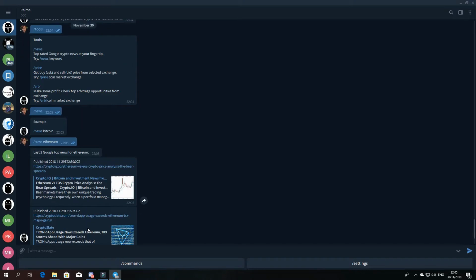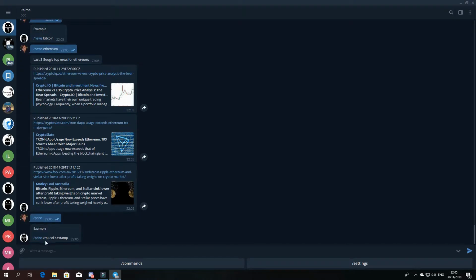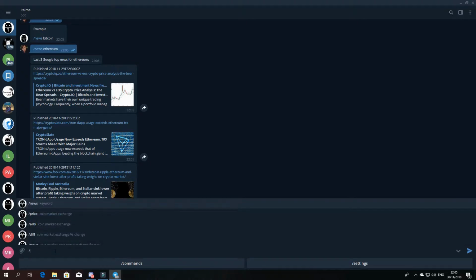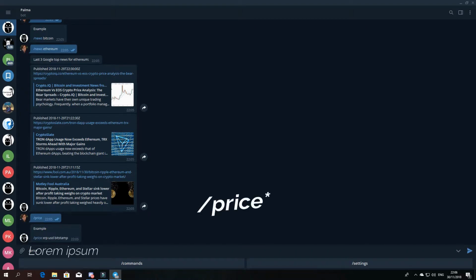The next tool that we'll be looking at is /price. This will show you the coin prices on exchanges. So let's say I want to buy ADA with Ethereum on Binance. I'll just write /price, ADA, Ethereum, and Binance.